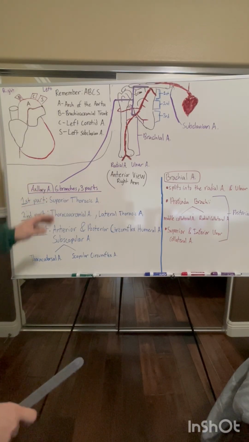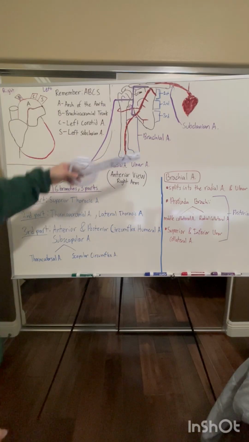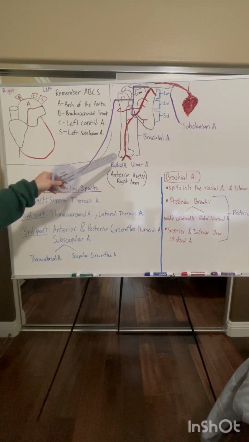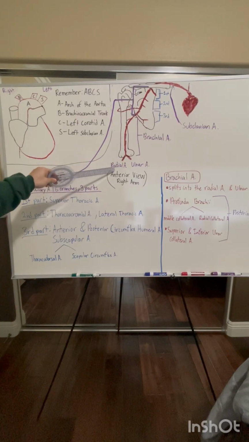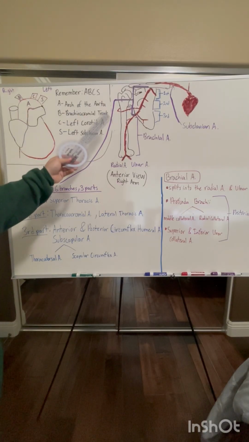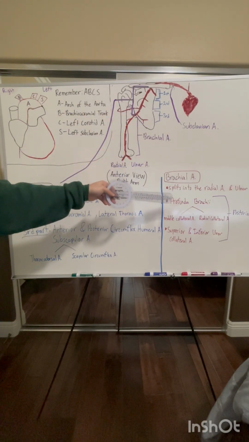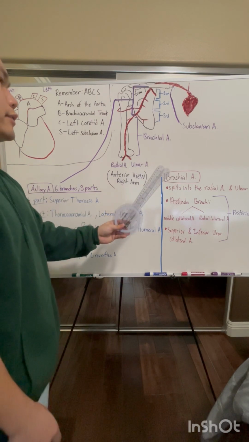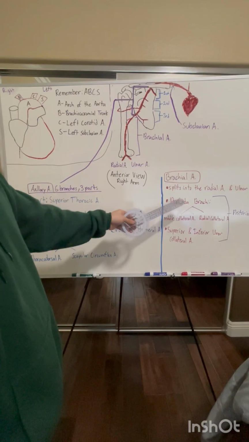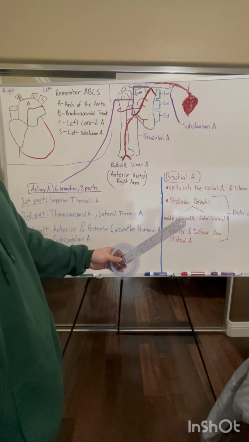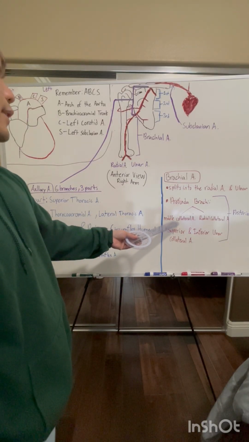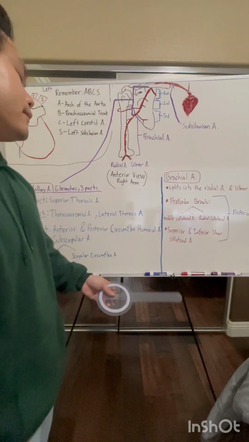And then as we go down, we're going to be seeing the brachial artery right here. For the anterior view, since this is the right arm, it's going to be splitting into 2 major arteries into the forearm, which are the radial artery and the ulnar artery. I didn't draw it, but on the posterior side of the humerus, behind the brachial artery, there will be the profunda brachii, which is also another term for deep brachial artery, and it's going to be splitting into the middle collateral artery and the radial collateral artery.